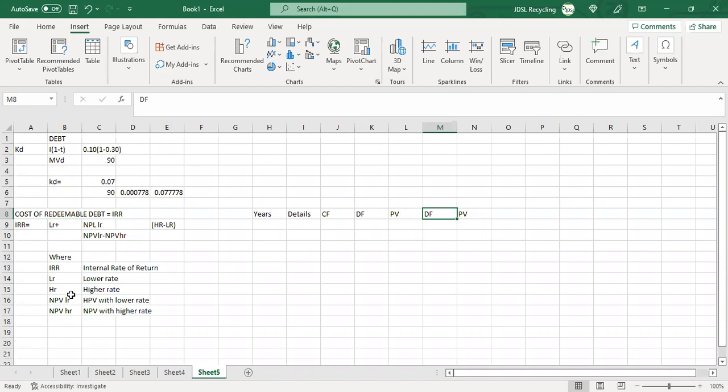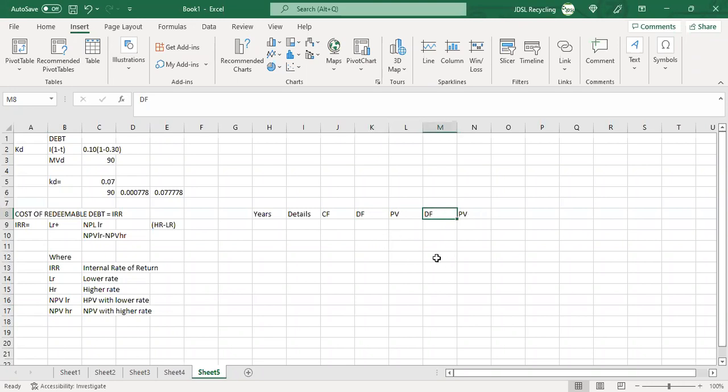We have NPVLR that represents the NPV with lower rate. Out of these two discount factors, we are going to have our present value, and we are going to use that to determine our net present value. So between the first discount factor and the second discount factor, we are going to have NPV for these two.